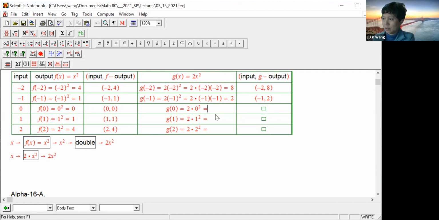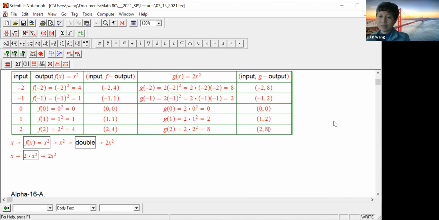And of course, that's a 0, and that's going to be 0. And that's going to be 2, and that's going to be 8. Input, output, G output.